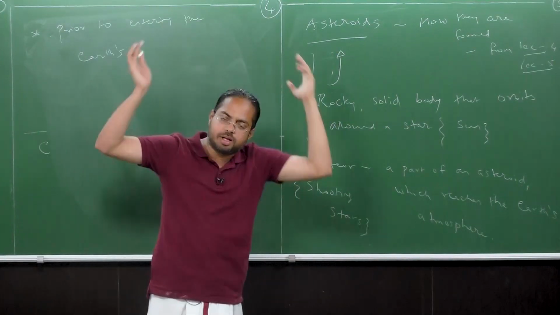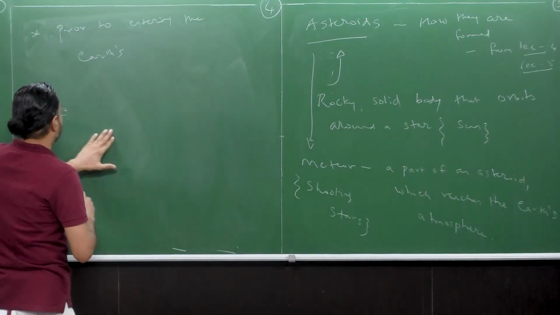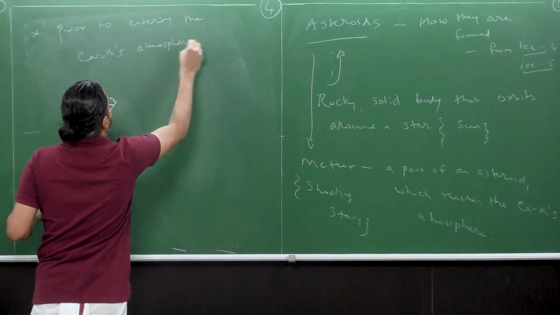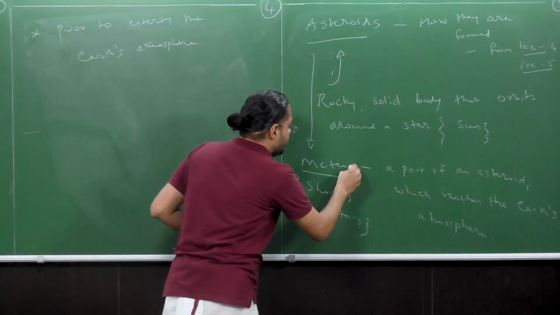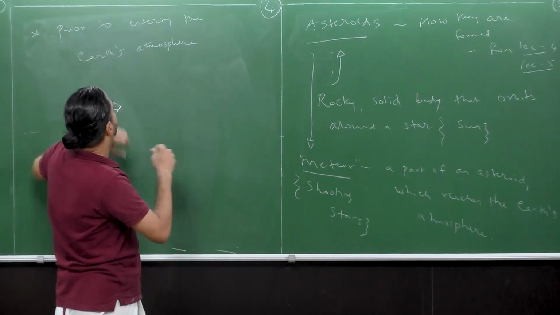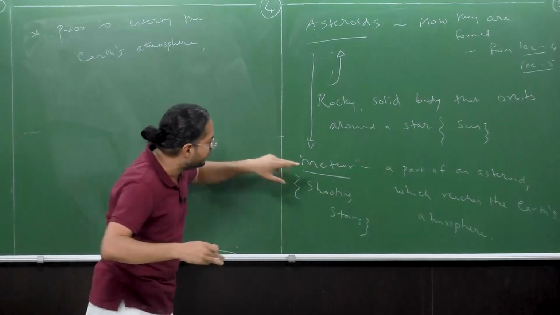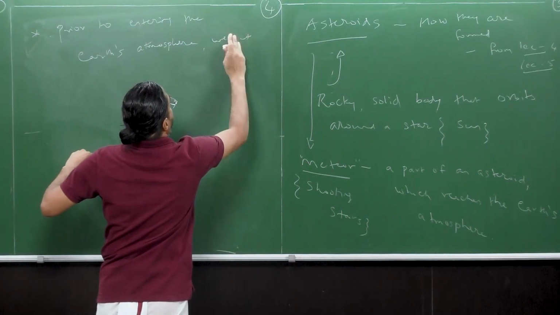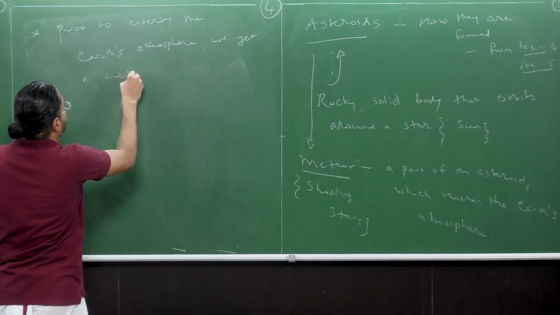We're not concerned with the other galaxies hereafter. So prior to entering the Earth's atmosphere, when it is called a meteor, the asteroid is actually called a meteoroid. In other words, it's en route to becoming a meteor. So we get a meteoroid.